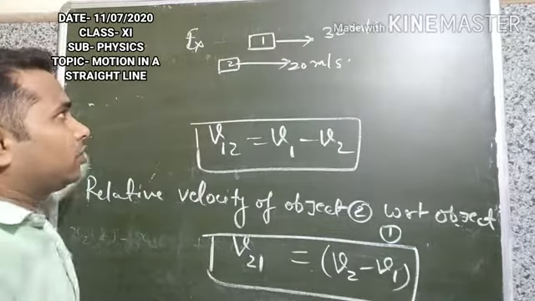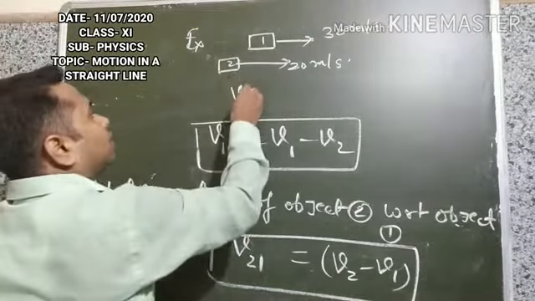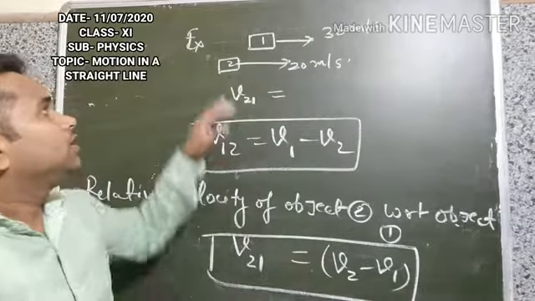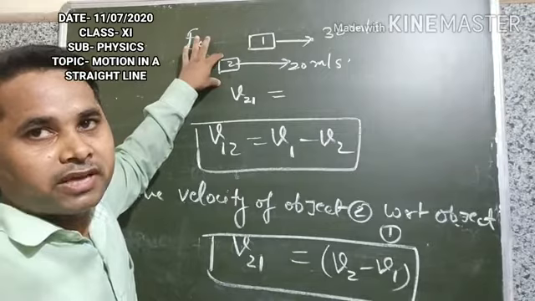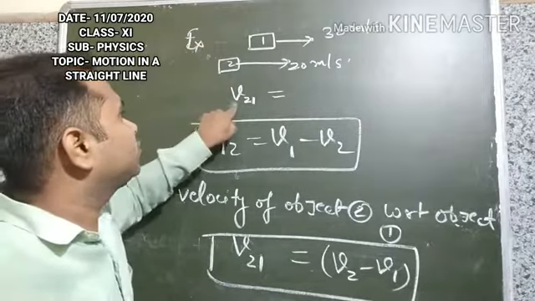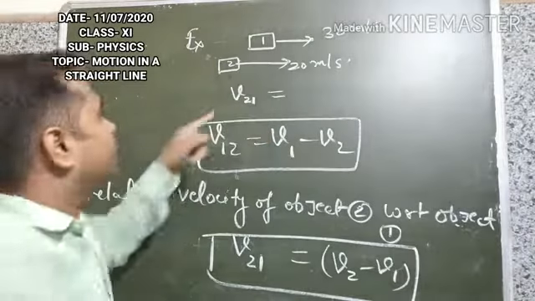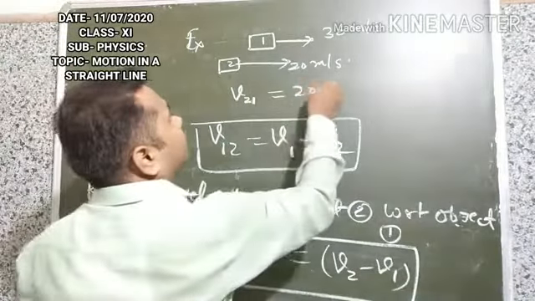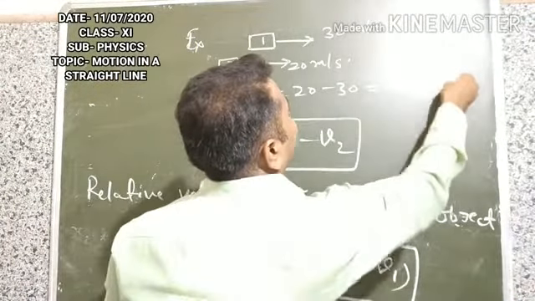So the relative velocity of 2 with respect to 1, meaning the speed of the second as observed and experienced by the person sitting in the first, that is v21, relative velocity of 2 with respect to 1, is equal to, by the formula, v2 minus v1, this is 20 minus 30, it is equal to minus 10 meter per second.